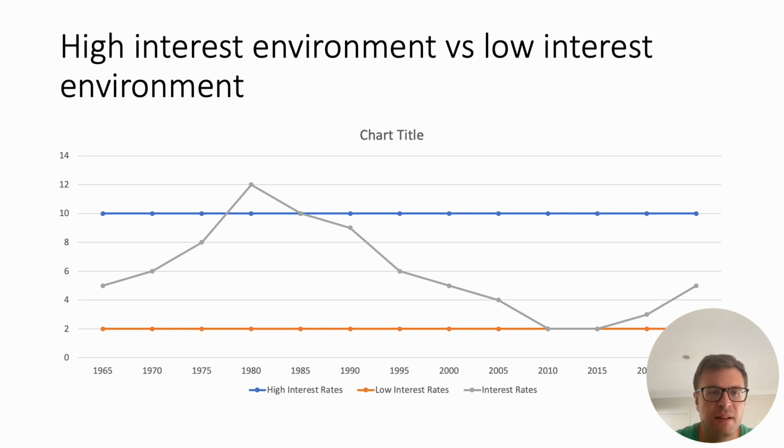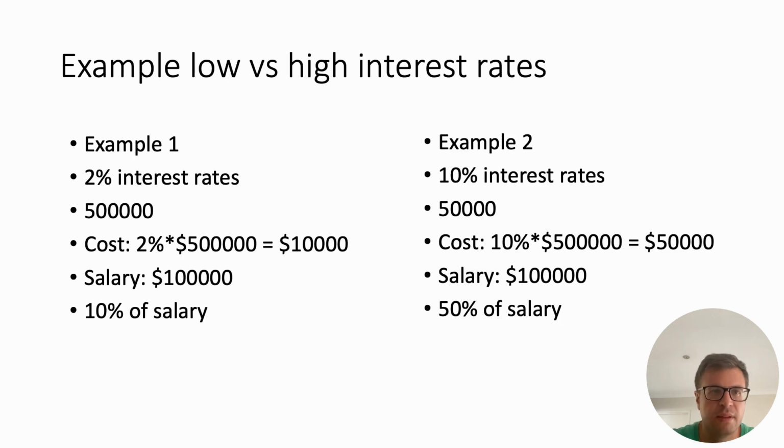We will give an example of each of them and then explain the differences in cost of borrowing. The two examples will be the 2%, which was before in orange, and then the 10%, which is in blue from the previous chart.